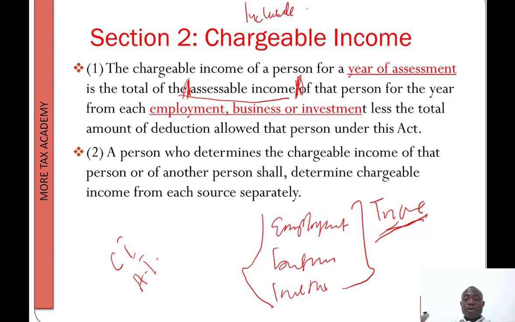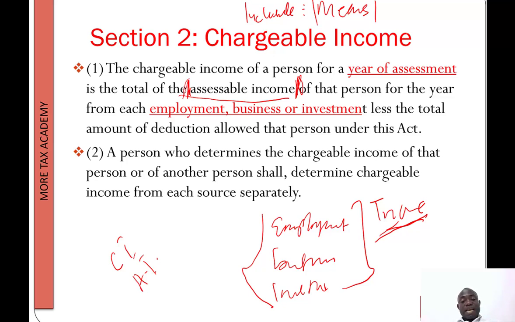Anytime you see the word includes, for example if you are defining business, which is one of the controversial terms to define, we will not define it as means. We will not use the word means, because if you use the word means, then you are trying to specify the limits. But if we say business includes, then we leave it open to include anything that looks like it.